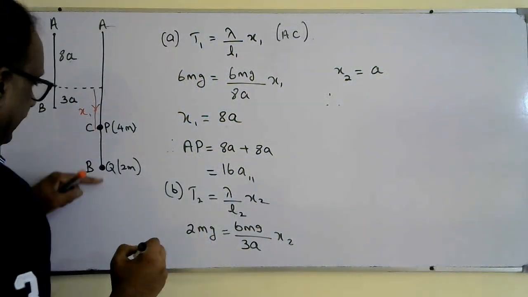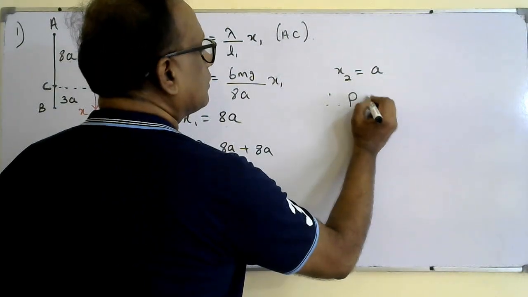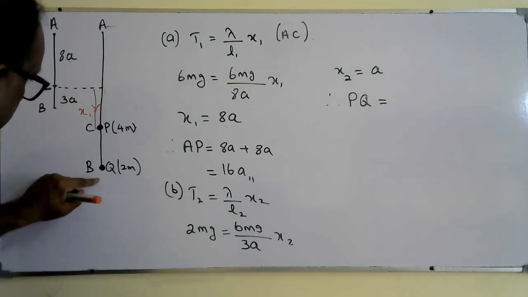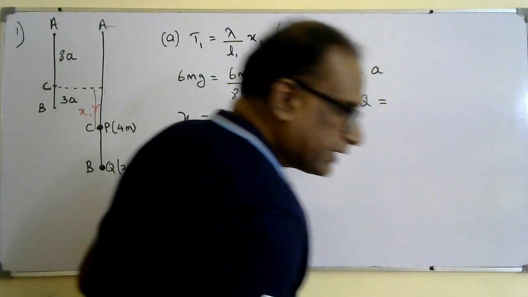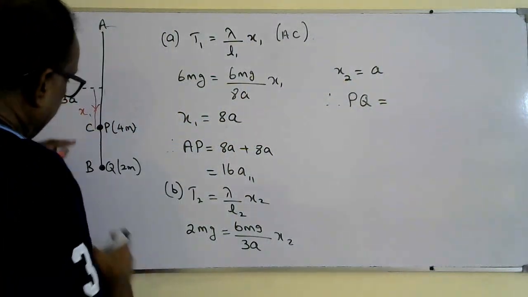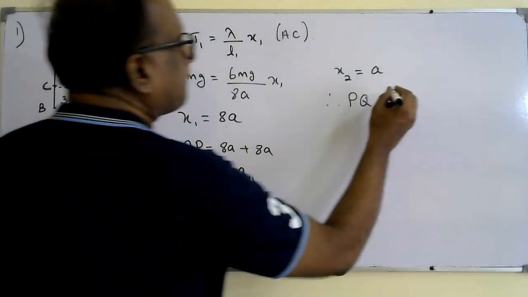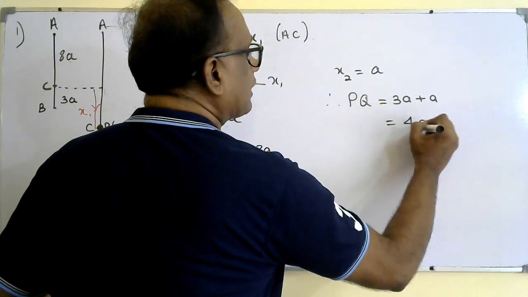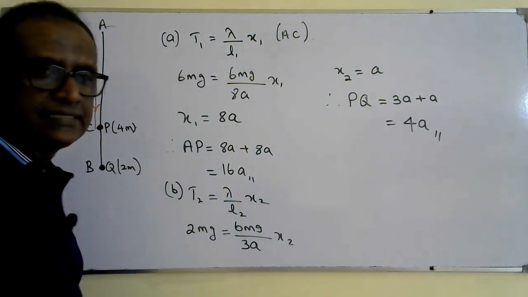Therefore, length PQ. Earlier they asked to find AP, now they ask for PQ. Length PQ is equal to the natural length 3a plus extension a, that is 4a. That's the answer. Very simple question.